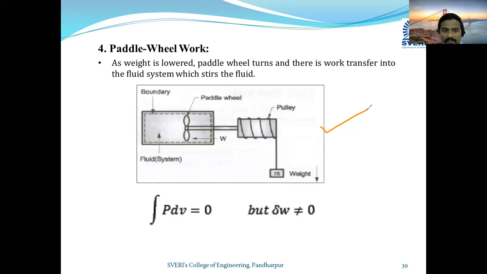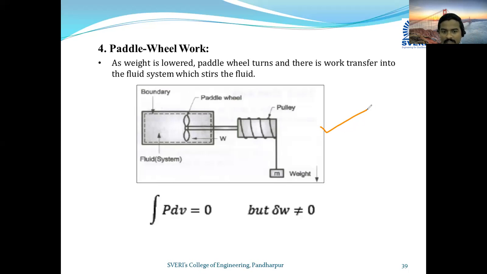Okay, now when the weight gets lowered down, what will happen? जर weight असं खाली आपण सोडलं, if you move it downward, what will happen? काय होईल?